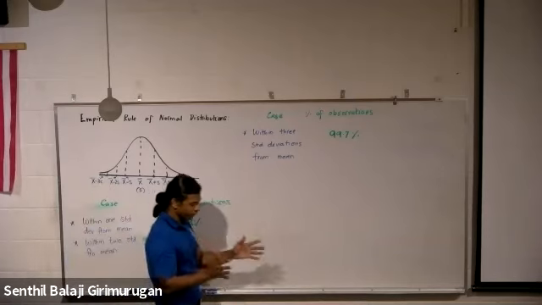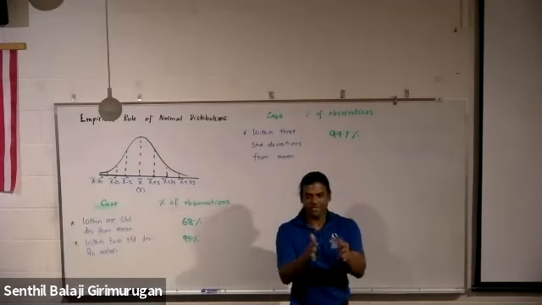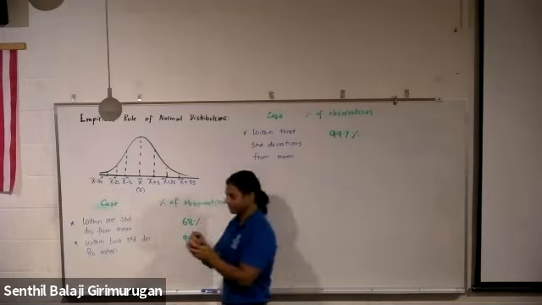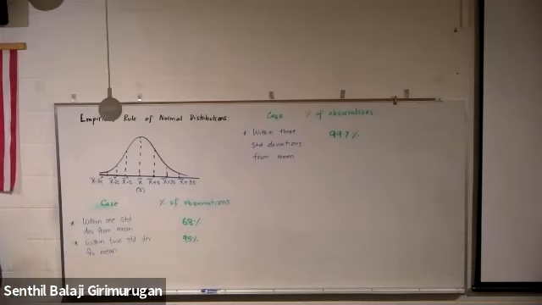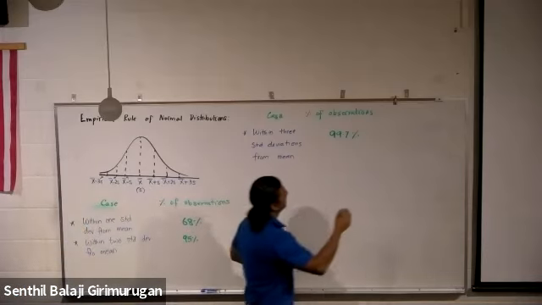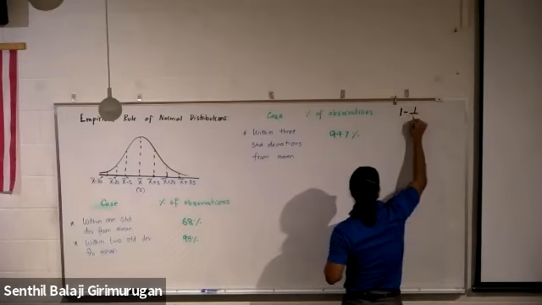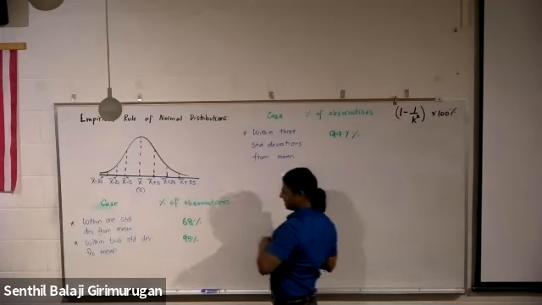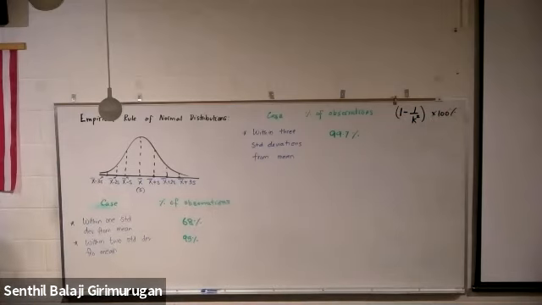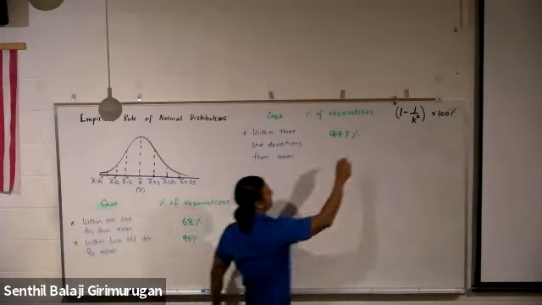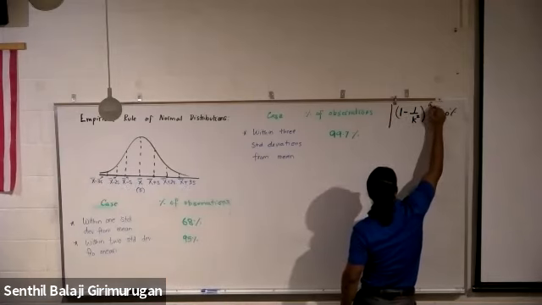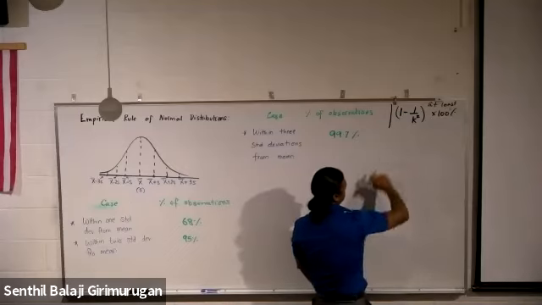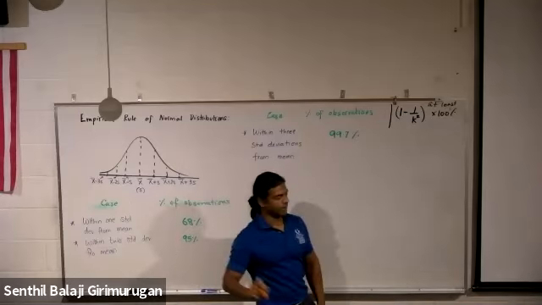It is 1 minus 1 over k squared, times 100%. Yes, that's from last time. And it's not exact, the keyword here is at least. And k cannot be equal to 1.